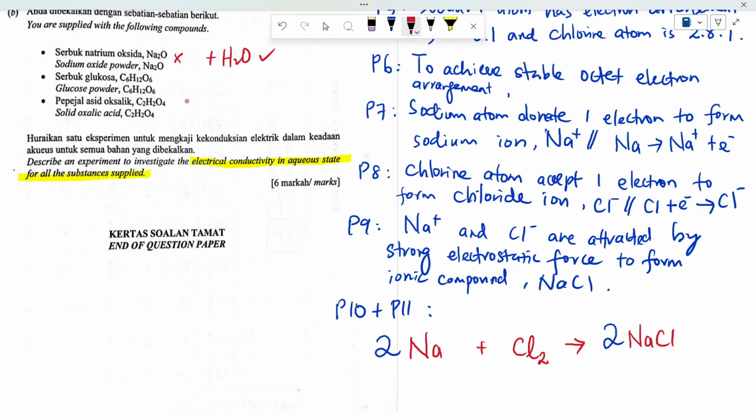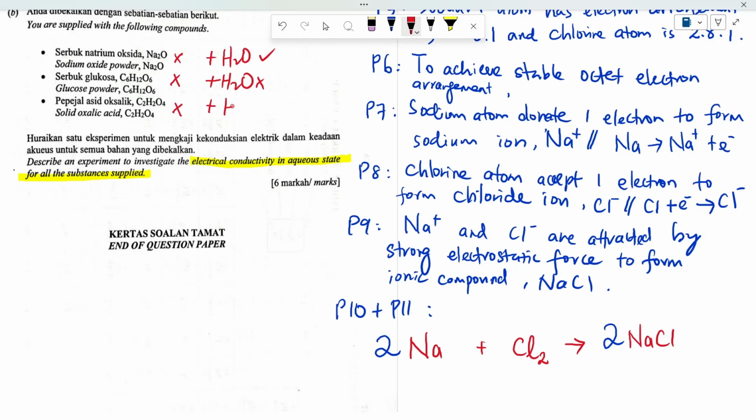Then glucose can conduct electricity or not? Cannot. Add in water also cannot, because it has molecules only, right? Then oxalic acid can conduct electricity or not? In solid state, cannot.